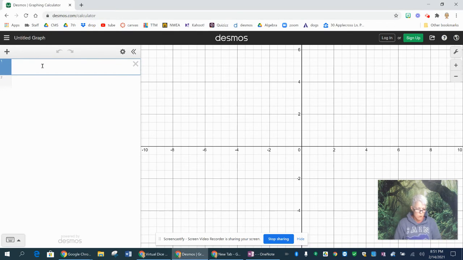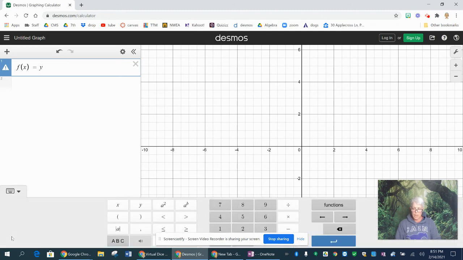Okay. So I'm going to go ahead and put f of x equals y. If you notice down here in the left-hand corner, there's this little thing that looks like a keypad. And when I click it, it opens up. And there's a thing that's squared, so I can square it.